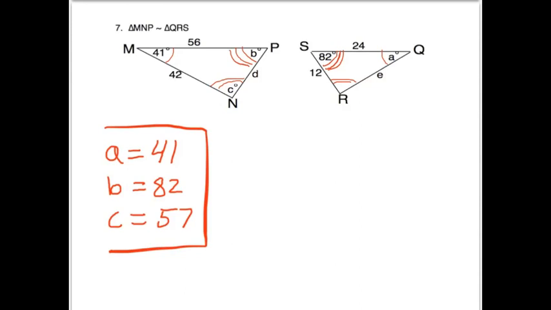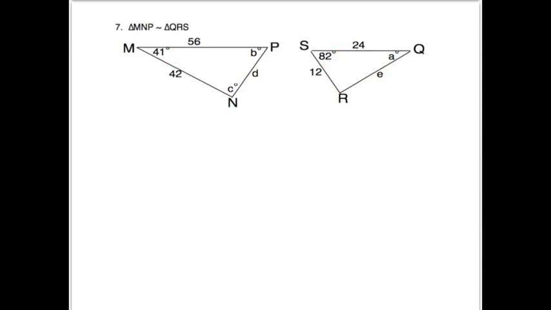Now let's take a look at side lengths D and E. In order to find D, I need to figure out how the side length NP is related to the other triangle. So NP. I see in the name of the triangle that NP is the second and third letters of triangle MNP. So second and third corresponds with second and third.